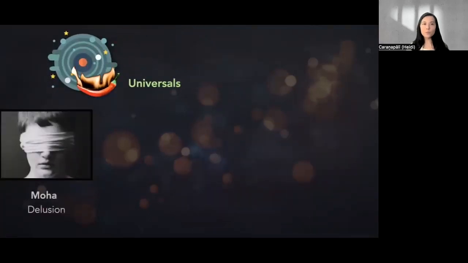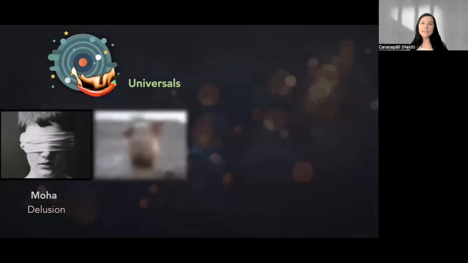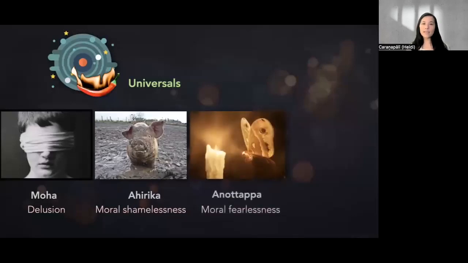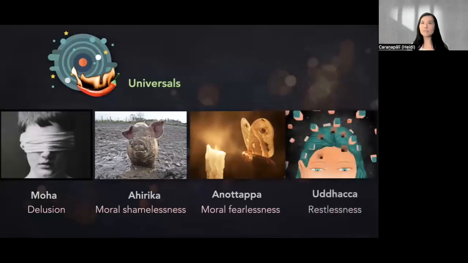Among the universal ones, we must always have moha, delusion or ignorance. So any kind of akusala always associates with moha. The next is ahirika, moral shamelessness, and then we have Anottappa, moral fearlessness. Ahirika and Anottappa always come in a group. And Uddhacca, restlessness.